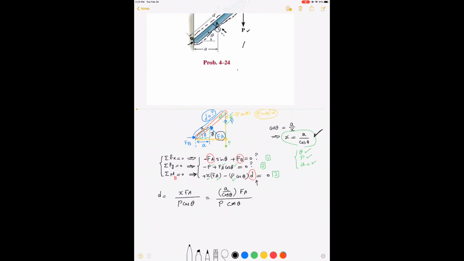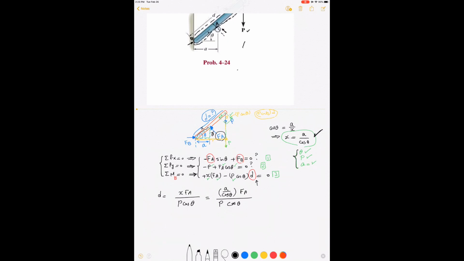Now going back to the assumption, the angle theta and P and a are parameters that I know, although they are a designer choice. You can fix them, but FA is not your designer choice. You have to substitute the value from equation 2 or 1 for FA into the distance d.